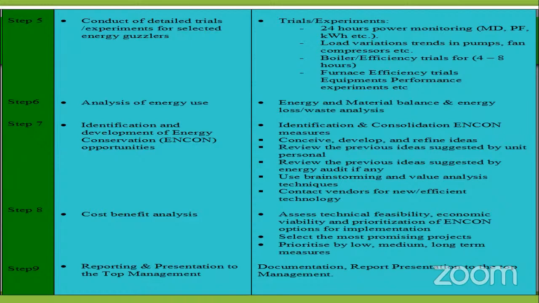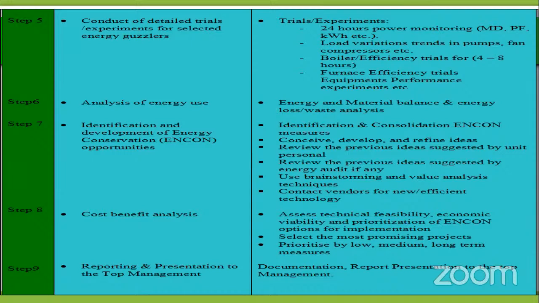Then load variation trends in pumps, fans, compressors, etc. Boiler efficiency trials for 4 to 8 hours, furnace efficiency trials, equipment performance experiments, all such things need to be taken care of. So to conduct a detailed trial, you need to work on such experiments and we need to compare the data with all such things.